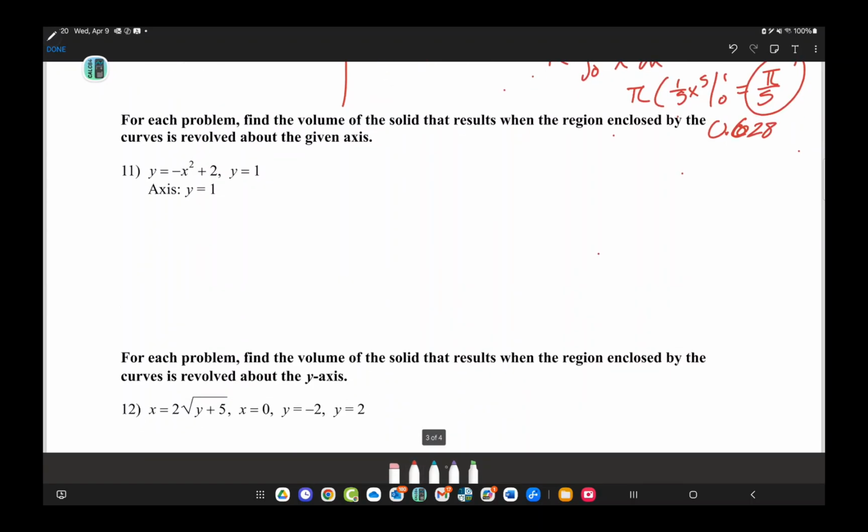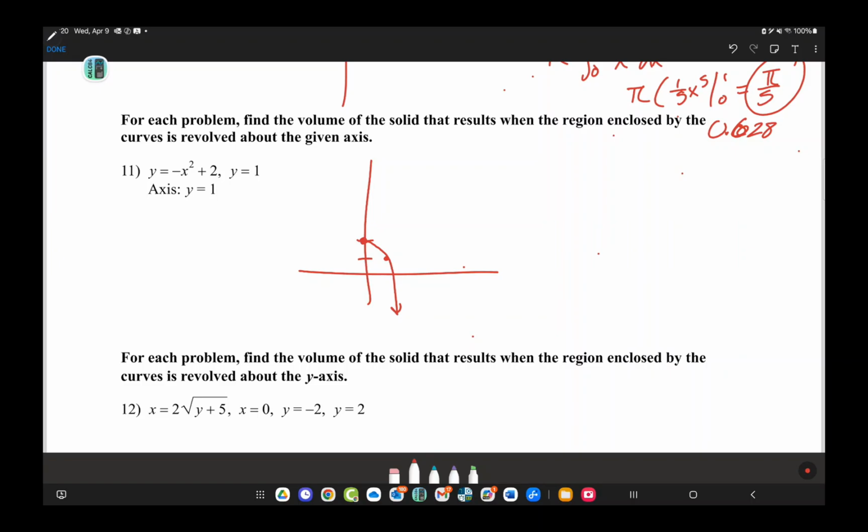Here, the next problem revolves around, in this case, the axis y equals 1. Graphing this, we have negative x squared plus 2, so starting at 2, negative x squared.